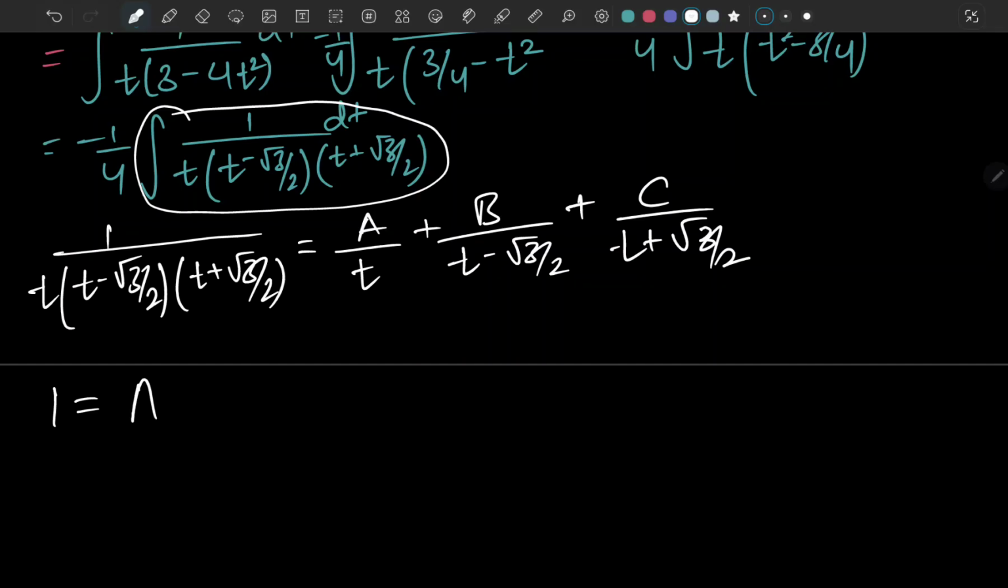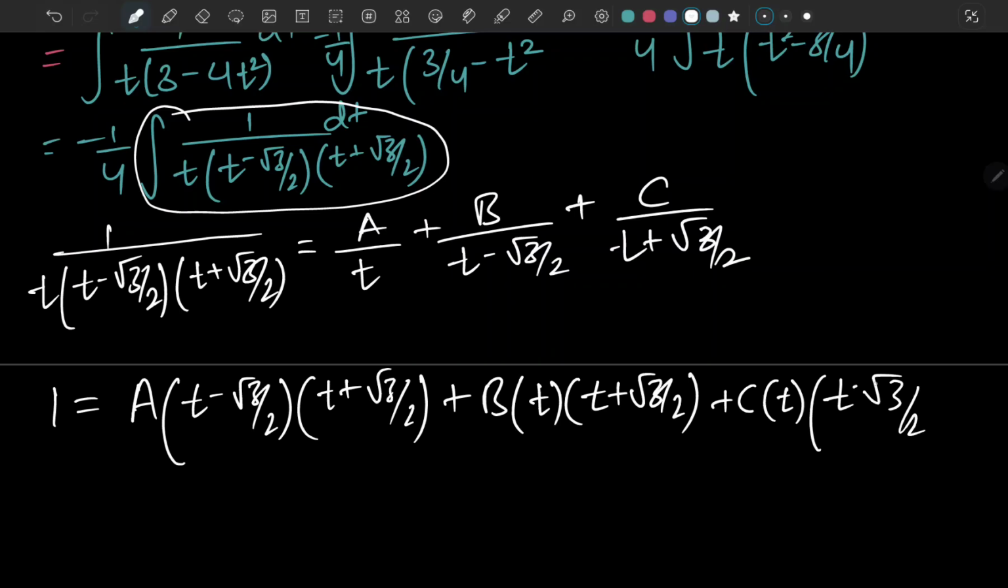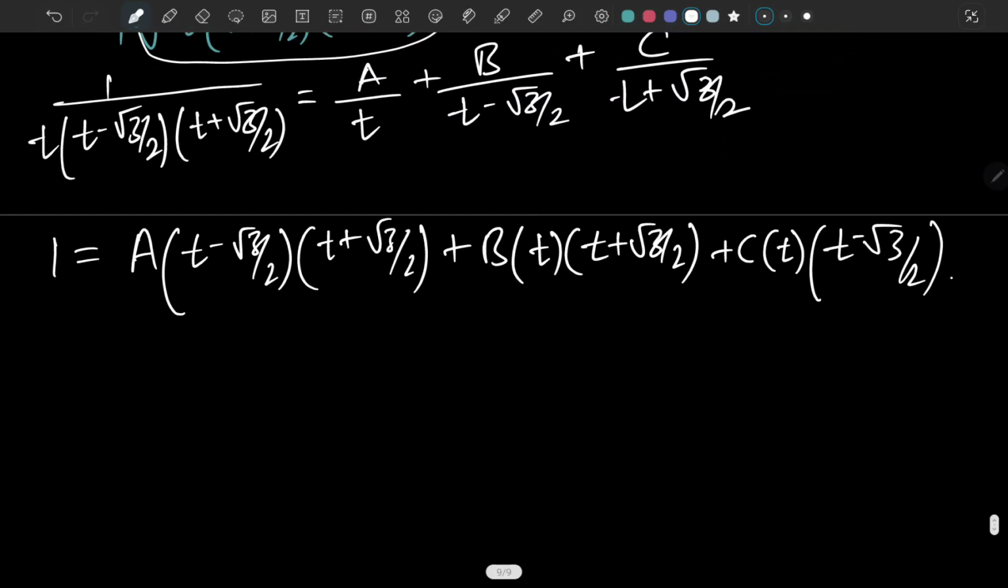Okay, so this becomes a times t minus square root of 3 over 2 times t plus square root of 3 over 2, plus b times t plus square root of 3 over 2, plus c times t minus square root of 3 over 2, right?